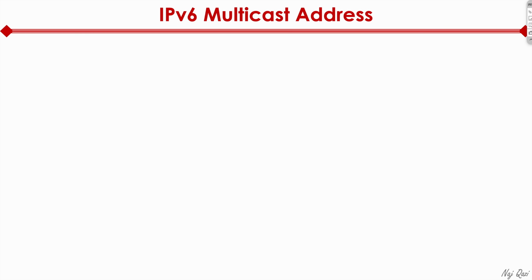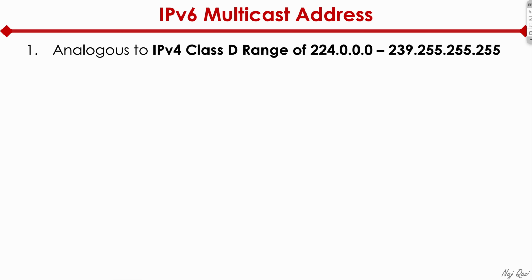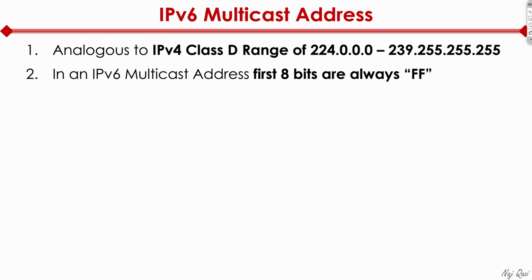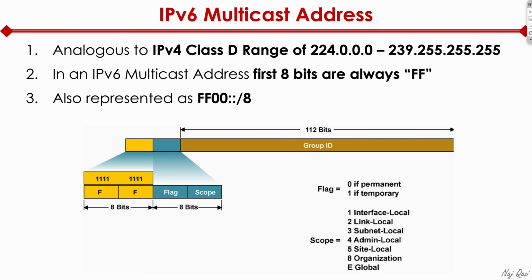Now let's quickly talk about IPv6 multicast addresses. This is the last type of addressing we'll discuss, according to RFC 2373. It's analogous to the IPv4 Class D range. So if you remember 224.0.0.0 through 239.255.255.255, that's what IPv6 multicast address space is analogous to. The first bits, according to the RFC standard, are always set to FF, also represented as FF00::/8.